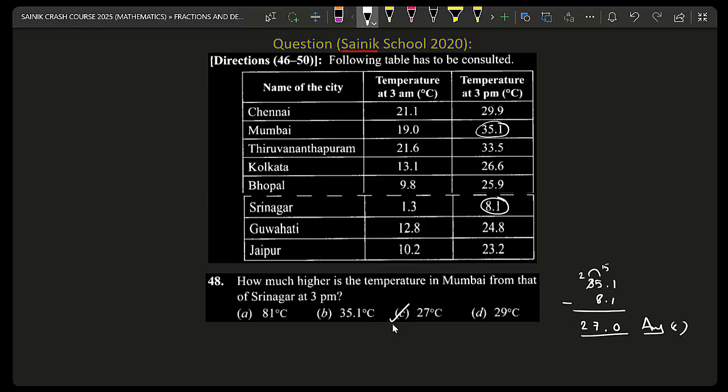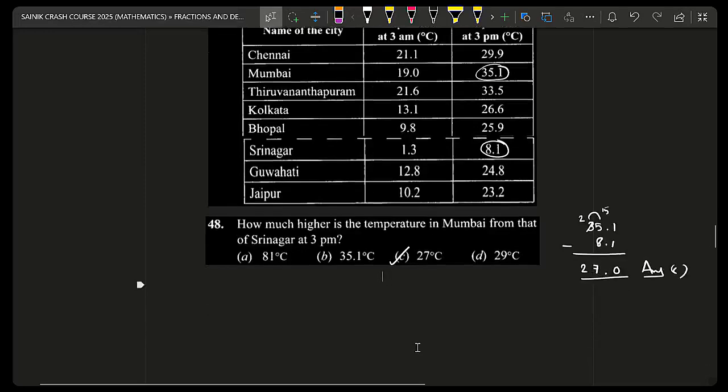No need to copy the table again and again, only the question. I hope this is done. We go on to the next question now.